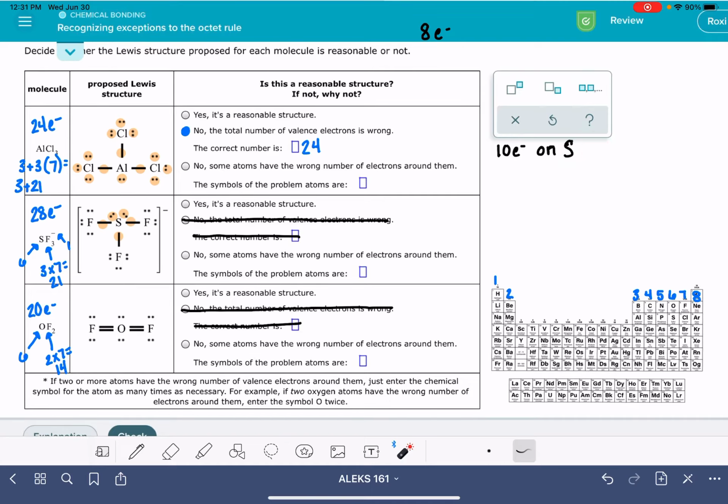But a more foolproof, more accurate way of determining whether or not 10 electrons on a sulfur is all right is by counting up the formal charge for the atom, sulfur in this case. Formal charge is calculated by taking the number of valence electrons on the atom, subtracting the number of bonds around that atom, and then subtracting the number of non-bonding electrons around that atom.